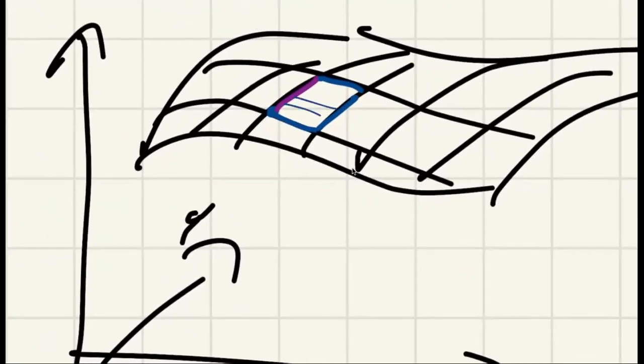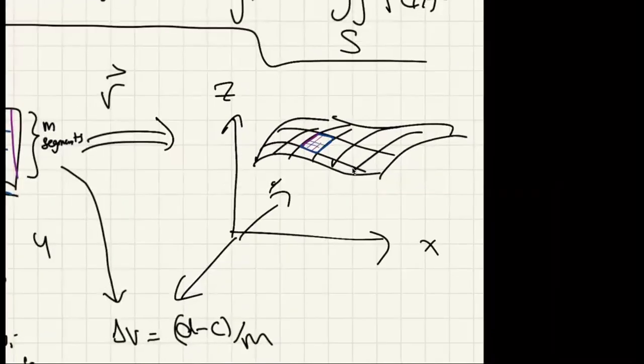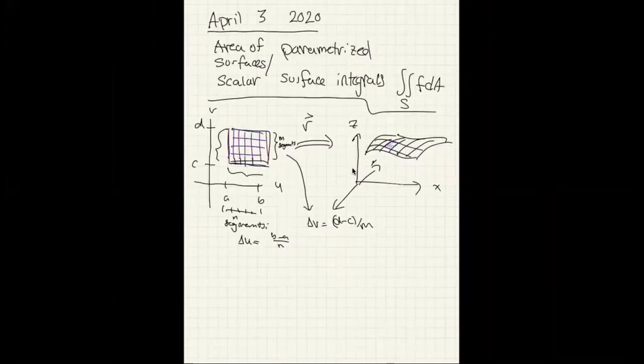Okay, I gotta be really careful with this. So what I'm going to say is that the area of the full surface, I'm going to call this surface S over here. So the idea is to say that the area of the surface S, that squiggly surface, is going to be a sum of all of the little parallelograms.